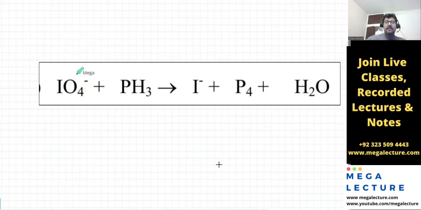What's iodine over here? First, the oxidation state of I in IO4 minus. What will it be? What is the oxidation state here?